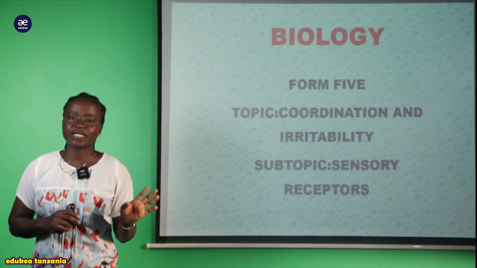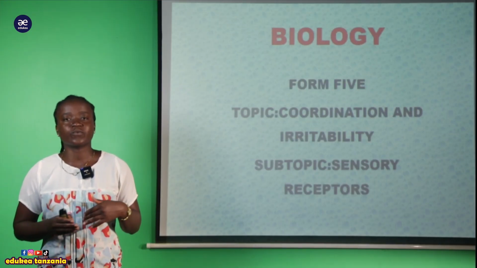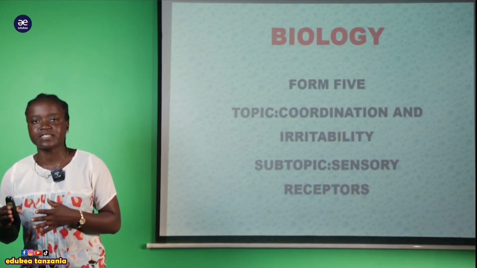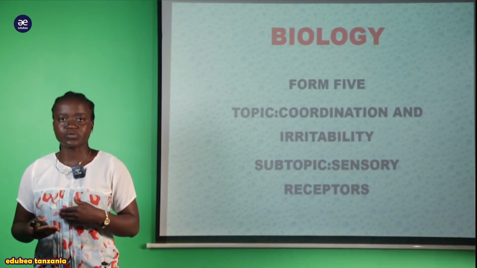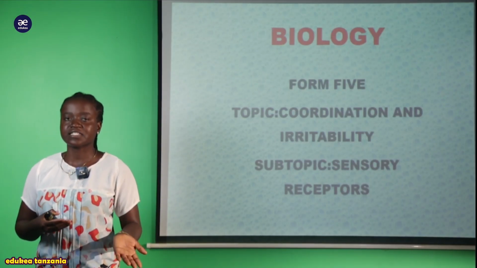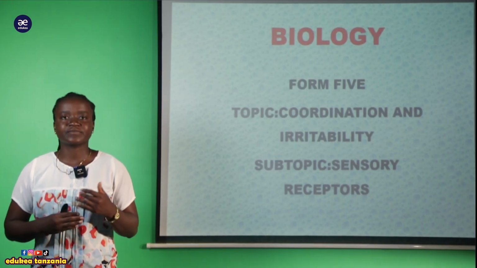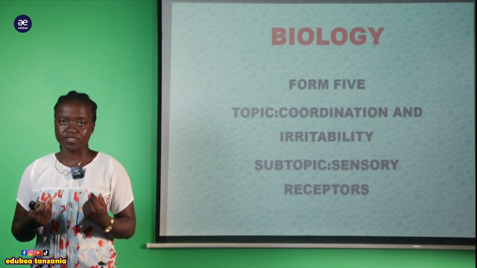On the refraction of the light rays, in the last session we ended by saying that in this session we are going to see the table that differentiates the refraction which occurs for a distant object and the refraction which occurs for a nearby object within the eye.